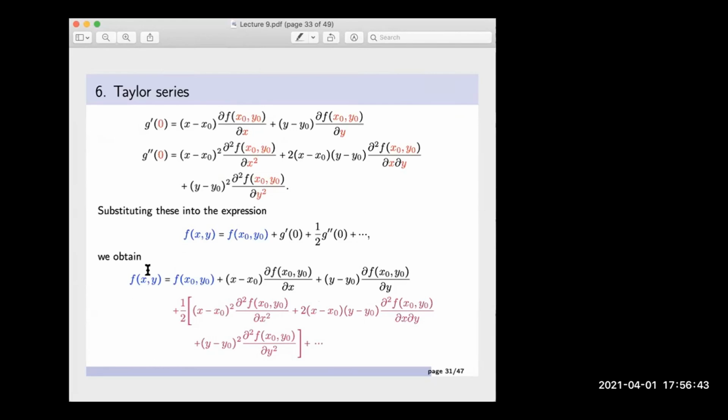For a function of two variables, you can also approximate it by a quadratic polynomial in x and y. So this is the constant part. This is the linear part. Linear part means that you have a polynomial of degree 1 here. And this red part is a quadratic term. So you have quadratic power on x and y. Every term is a quadratic term.